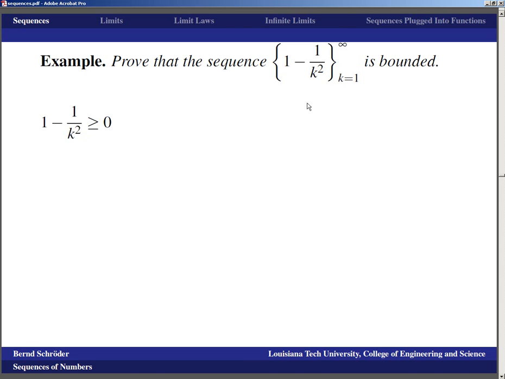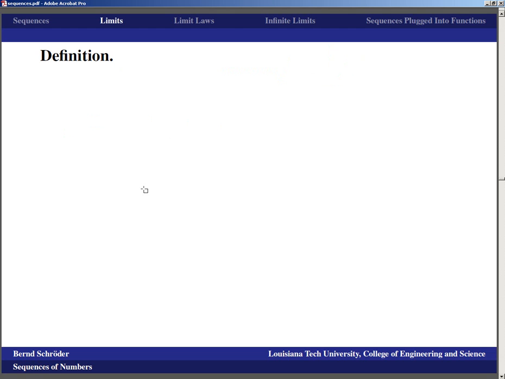And similarly, because we're always subtracting something off of 1, 1 minus 1 over k squared is less than or equal than 1. And that means that the sequence is bounded above by 1, and it is bounded below by 0. Okay, now we start talking about limits.